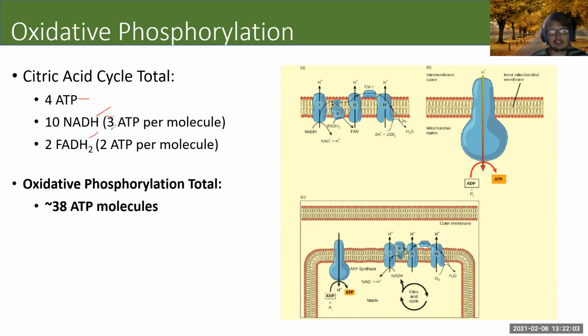That averages to about 3 ATP per NADH molecule, 2 ATPs per FADH2 molecule. So that's 30, 34, and then 4 from the point up to the citric acid cycle, with glycolysis and the citric acid cycle itself. So that means the total of cellular respiration is about 38 ATP molecules.